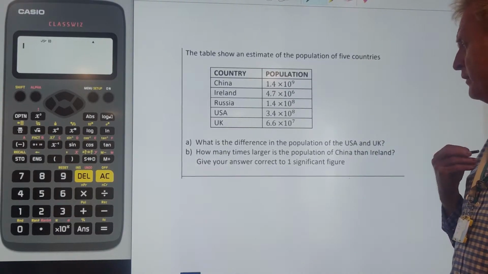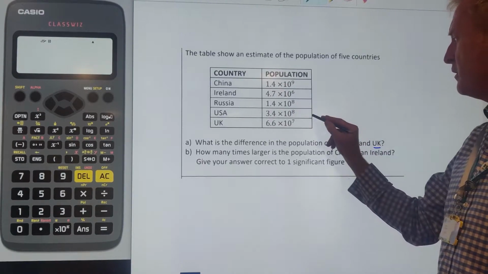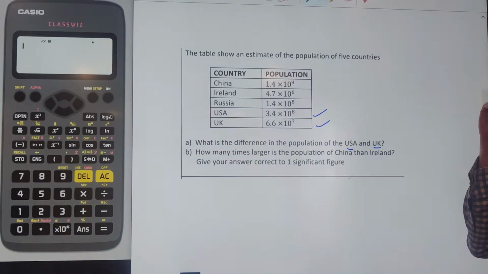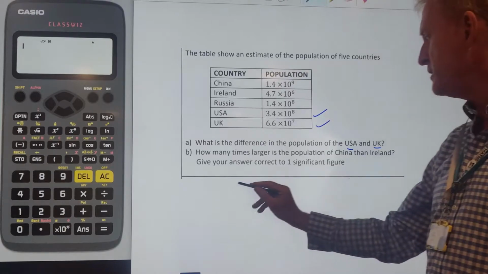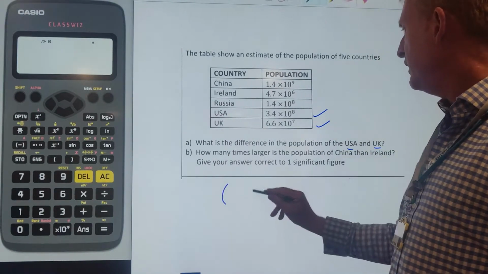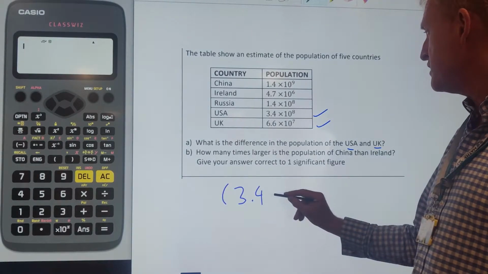We're being asked to work out the difference between the population of the USA and the UK. So that's these two here we're looking at. What we need to put into our calculator is basically this sum. If I just write this, I'm going to put it in brackets because I'm going to put it into brackets on the calculator as well.